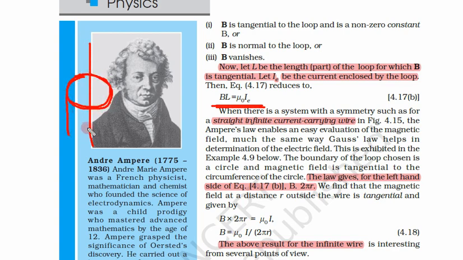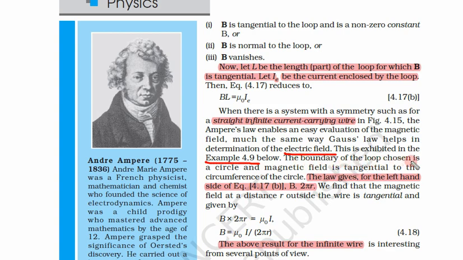So this will be a cylinder kind of structure. Now, Ampere's law enables an easy evaluation of the magnetic field, much the same way Gauss law helps in determination of electric field. As we determine electric fields using the Gauss law, this Ampere's law will help us in getting the magnetic field. This is exhibited in example 4.9 that we will see later.